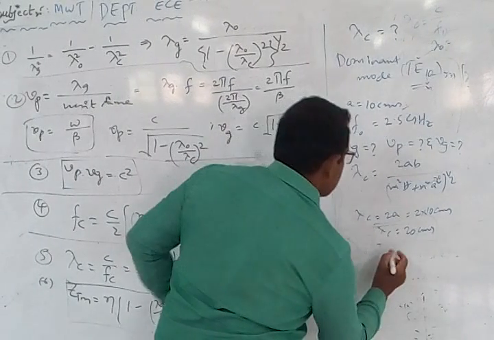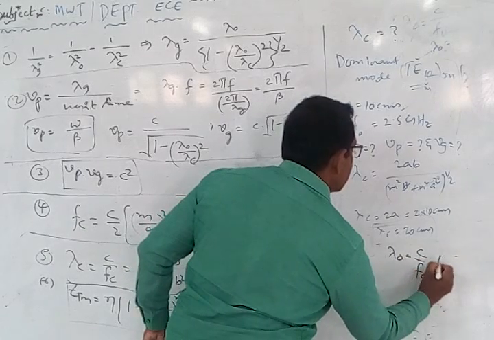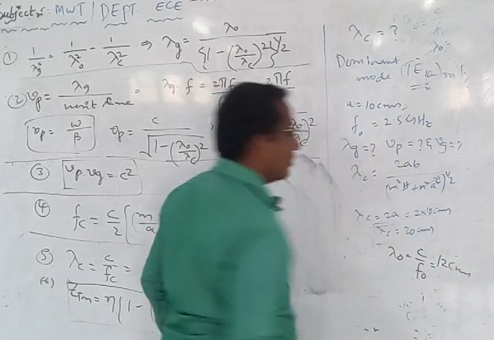Lambda naught is equal to C by F naught, which I will be getting as 12 centimeters.